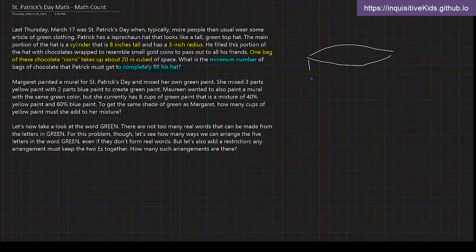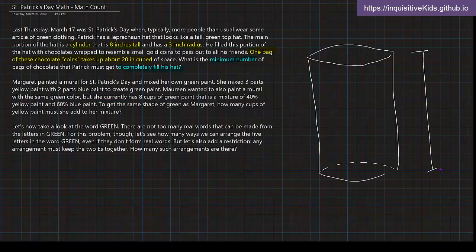Okay, so this is my cylinder, and we know that it is 8 inches tall and has a radius of 3 inches. And so this is our cylinder right now.